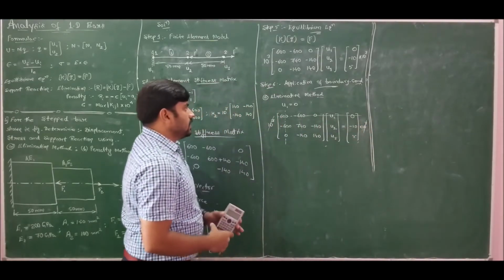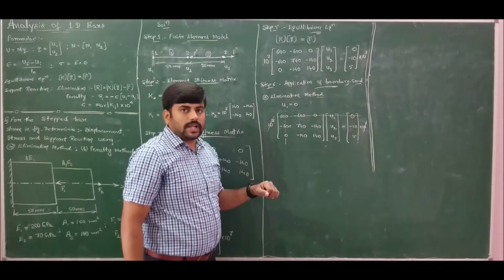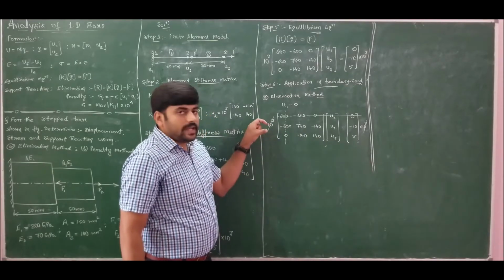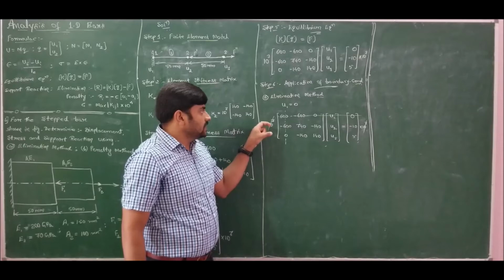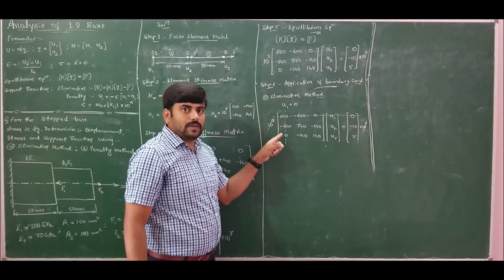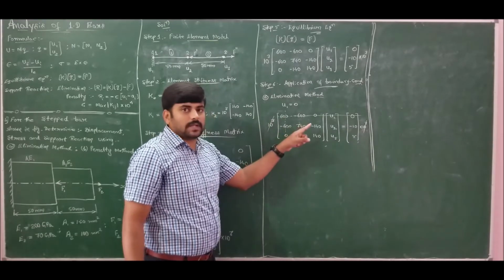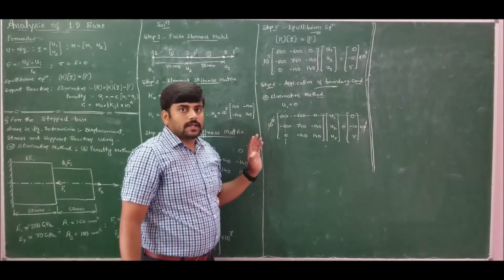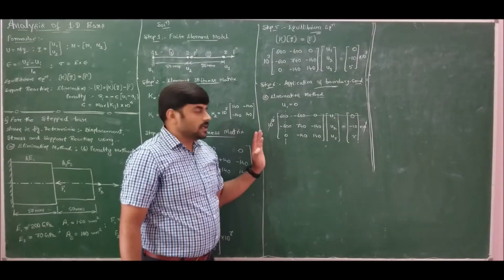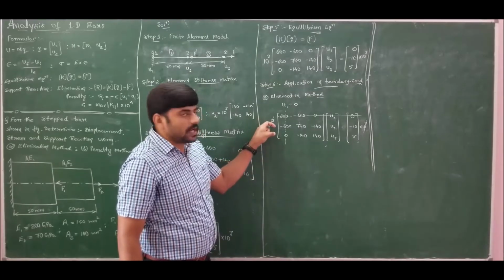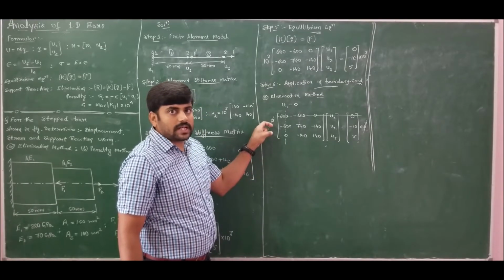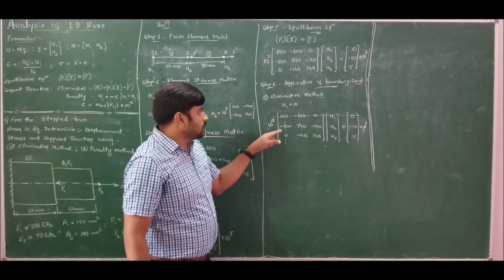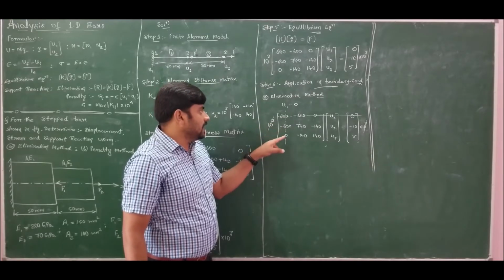Now, as per the elimination method of handling the boundary condition, in the remaining rows, the term which is eliminated in its column should be multiplied with its respective displacement and taken towards the RHS. This is the actual way of applying the elimination method. In the remaining two rows, row 2 and row 3, the terms which are eliminated in their column are minus 600 and 0.